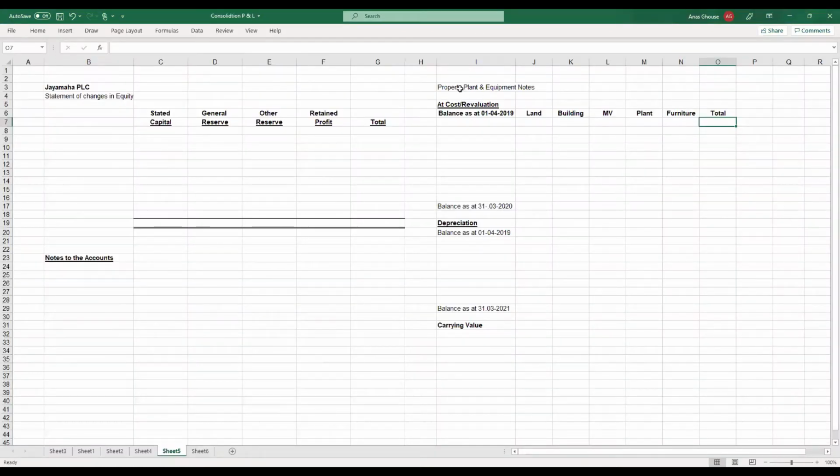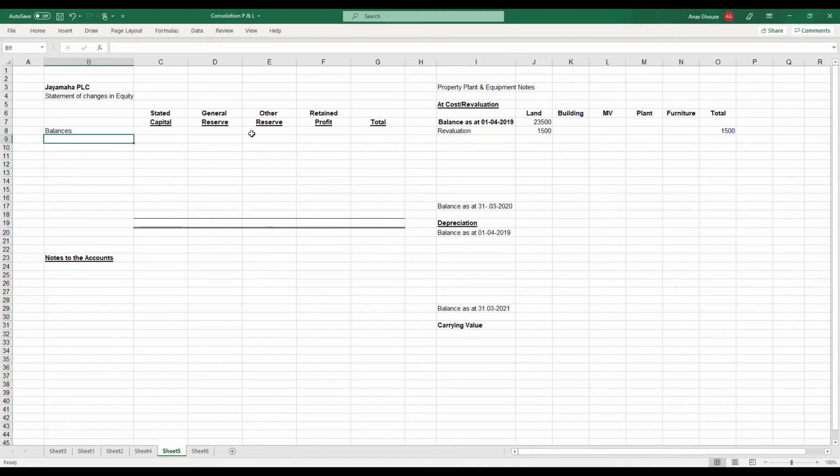Now, as you can see, in the property, plant, and equipment, we have the land value. Opening land value is given as 23,500,000. So this will be the revaluation of 1.5 million. Let's go to the total, 1.5 million. At the same time, the equity statement will keep the opening balances for the time being.